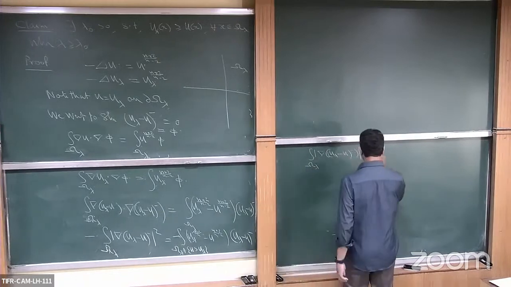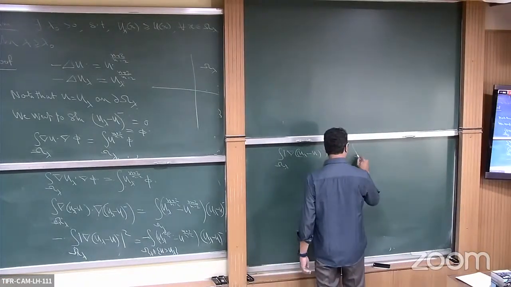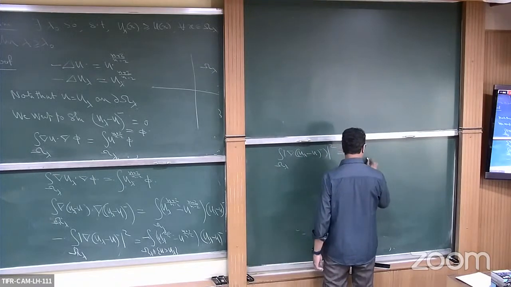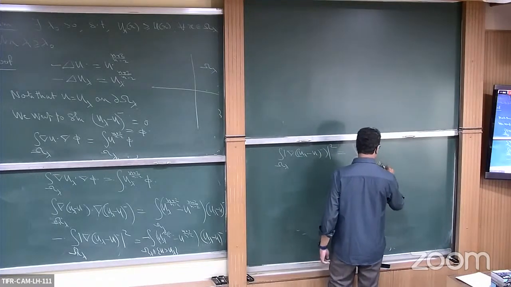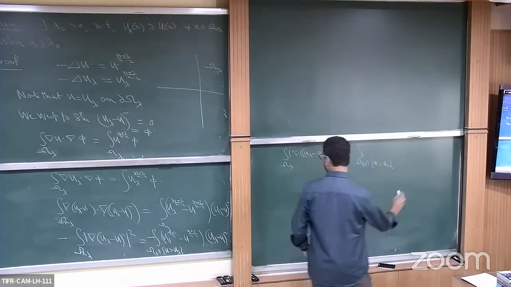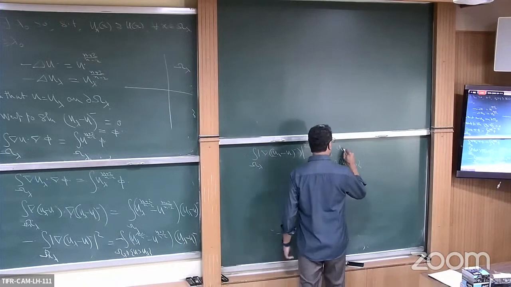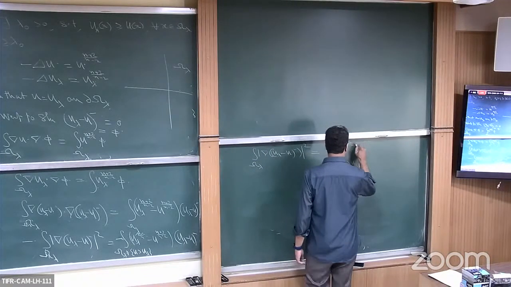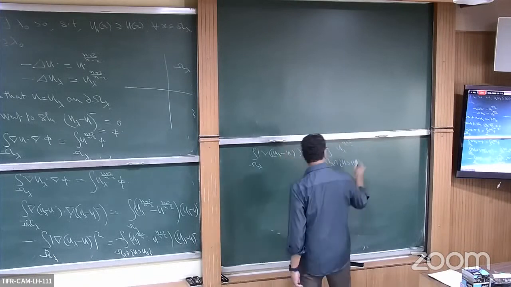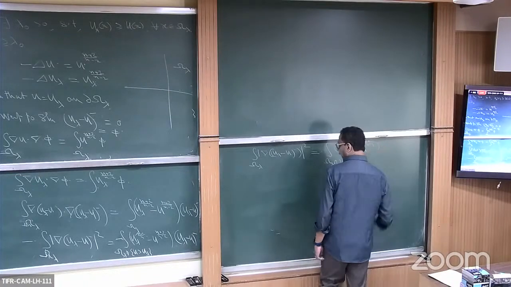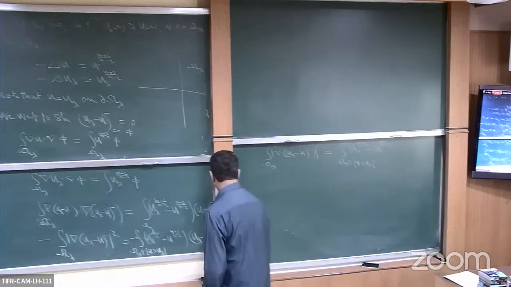That is going to be equal to the integral over omega lambda intersection where u is greater than u lambda, since in the complement of this the integrand becomes 0, so it is immaterial. Then you will have u lambda to the power (n plus 2)/(n minus 2), minus u to the power, and then I have this u lambda minus u.